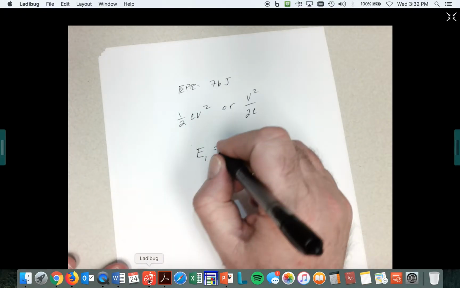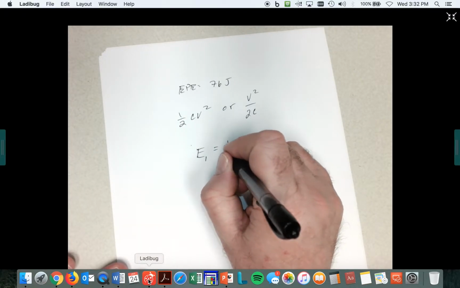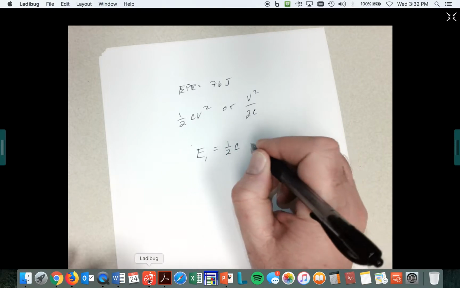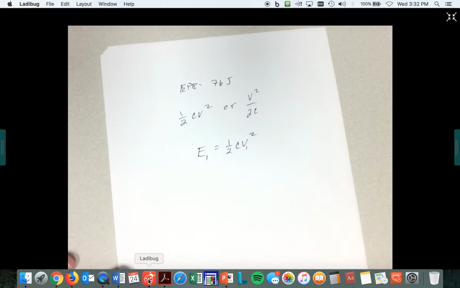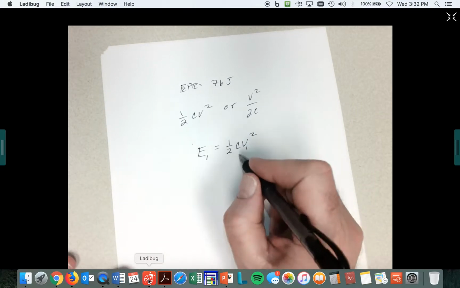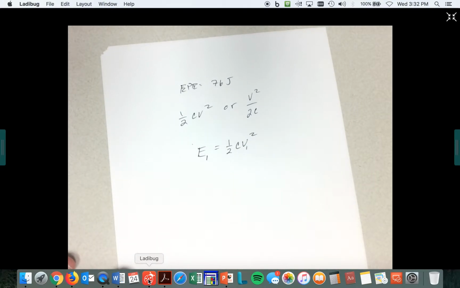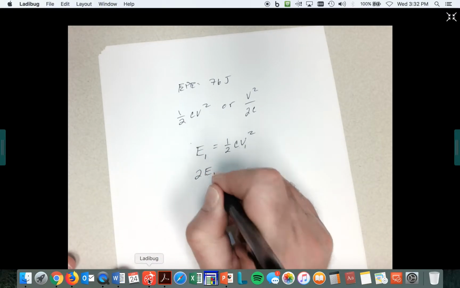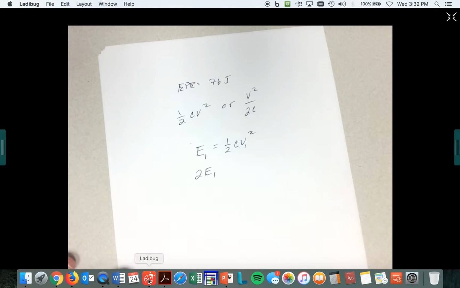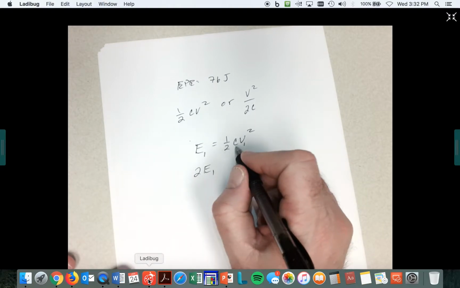The energy of one is equal to 1/2 C, which is going to be the same, times V1 squared. If I'm given the voltage of one of them, then I can figure out what C is. So you go 2E1, which is given. C is what I don't know.